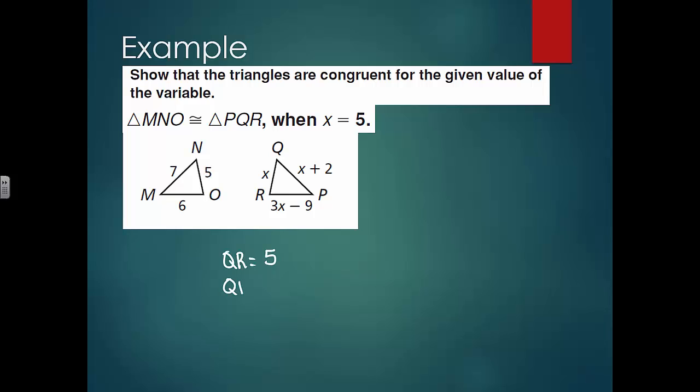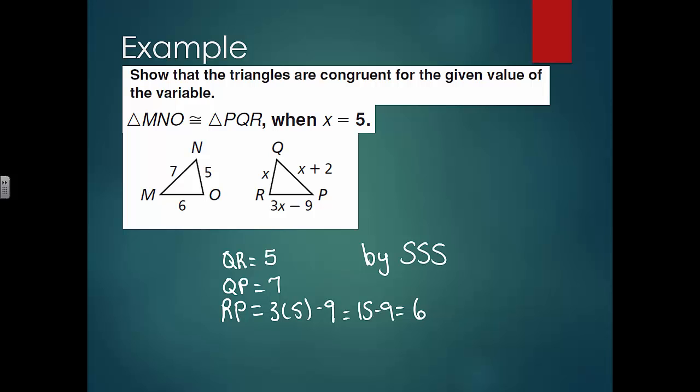We then know that QP is 7, and we know that RP is 3 times 5 minus 9, which is 15 minus 9, which is 6. So we could say that the triangles are congruent by side, side, side, because 3 sides in one triangle are congruent to 3 sides in the other triangle.